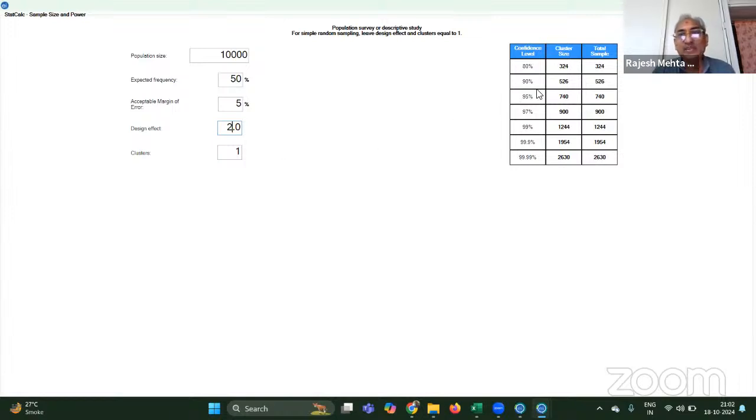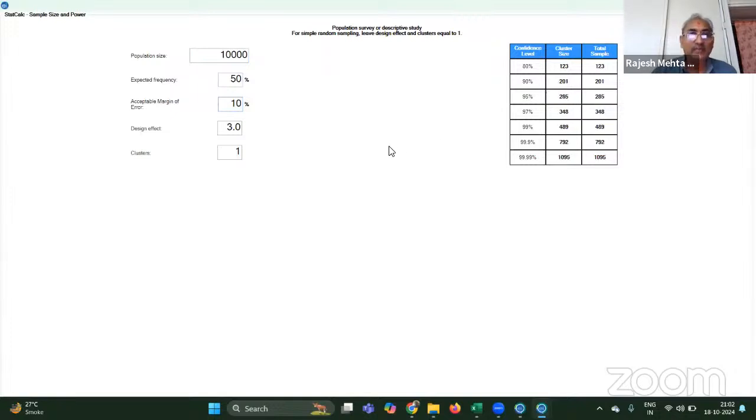So look at the sample size over here, it is 324. If you write down design effect three, you can see there is an increase in sample size automatically. If you take 10% over here, you can see the sample size is decreasing. If I take 50, some increase. Instead of 5% margin, if I take 1%, huge increase in sample size if I want to reduce my error.